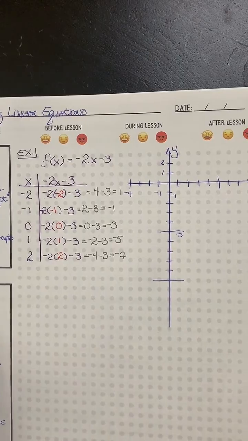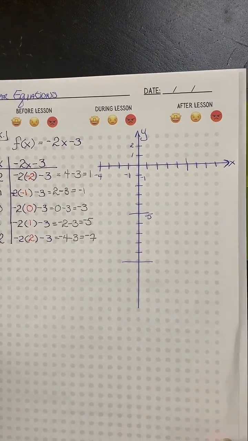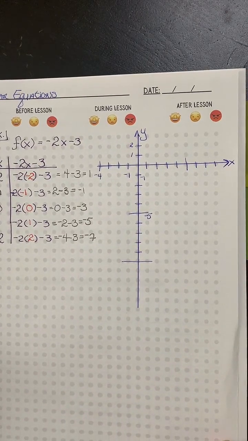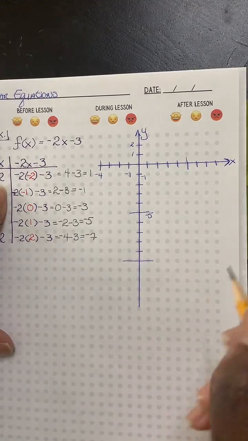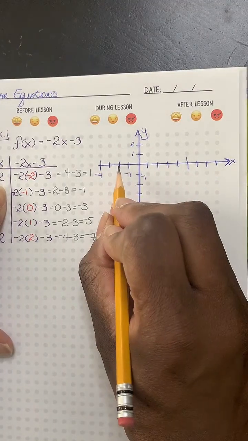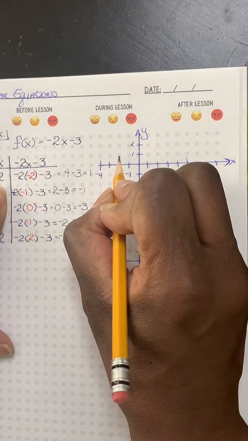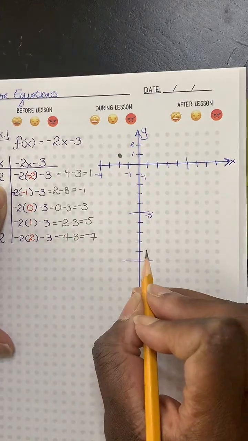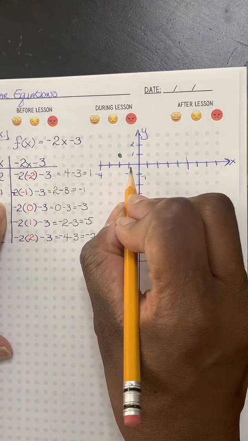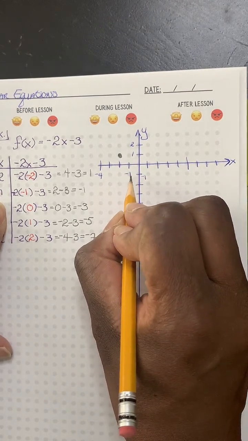Okay, good. So, taking a look at this, we have our ordered pairs. The one ordered pair we have at -2, 1. So here's my -2. I'm going up 1, making my point. Then we have -1, -1.